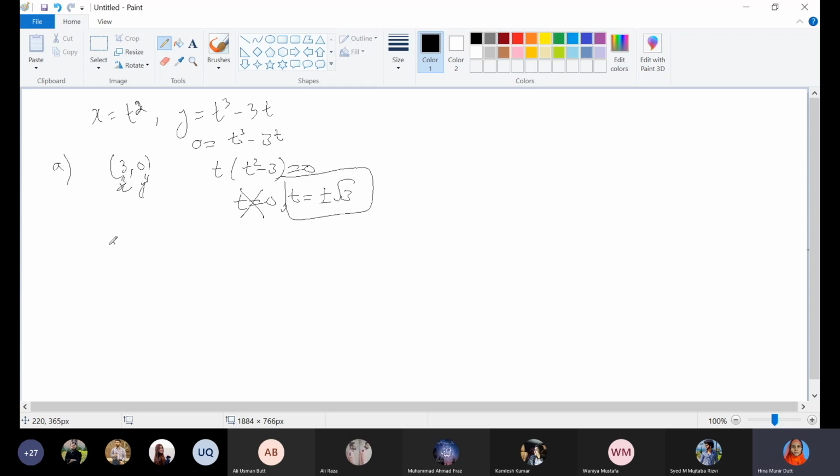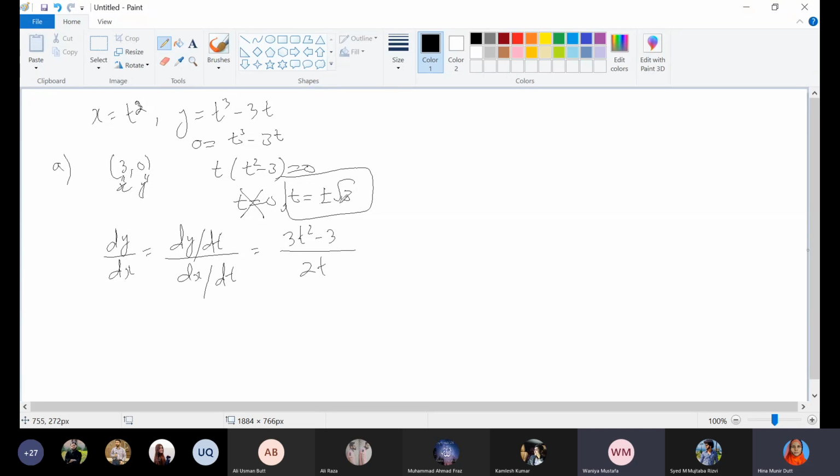For this, first I need to find dy by dx. So what is dy by dx? This is equal to dy over dt over dx over dt at t is equal to plus minus root 3. What is dy by dt and dx over dt? Hurry up, tell me. 3t square minus 3 over 2t.